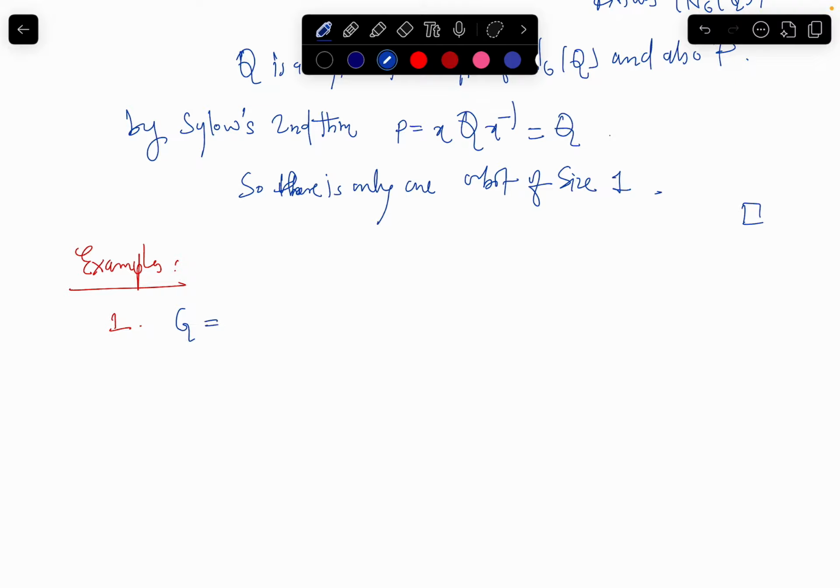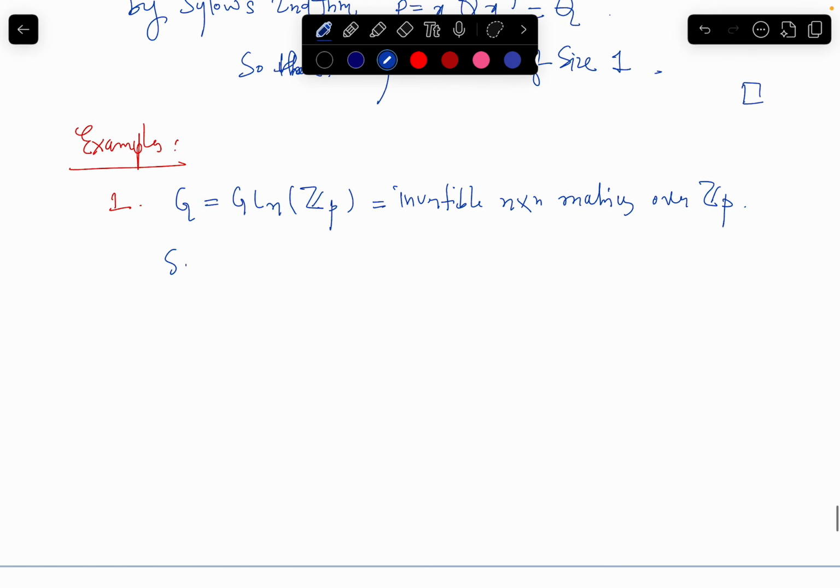So say the group is GL_n(Z_p), that is, the set of all invertible n by n matrices over Z_p, that means the entries are coming from Z_p, and p is a prime. Firstly, we want to know what is the size of this G.